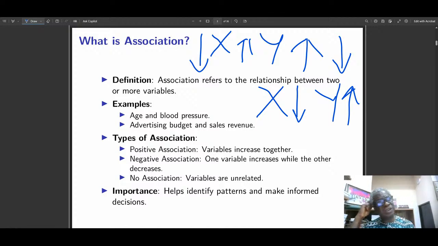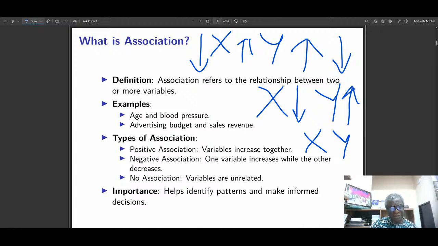When you now have a situation where X and Y do not really exhibit any clear pattern, we say there is no association, that X is unrelated to Y. This kind of analysis is usually very crucial in many practical applications.